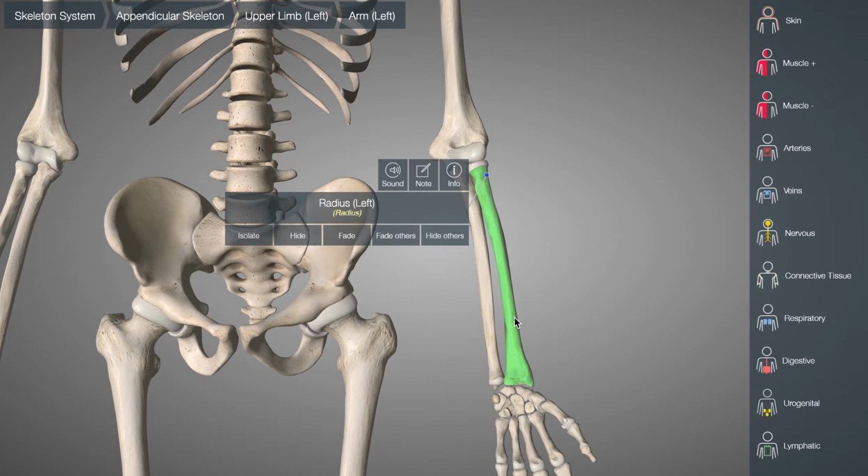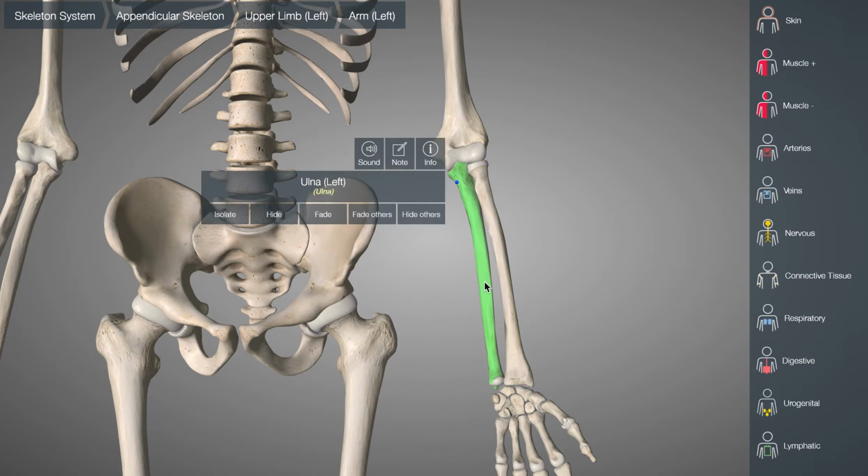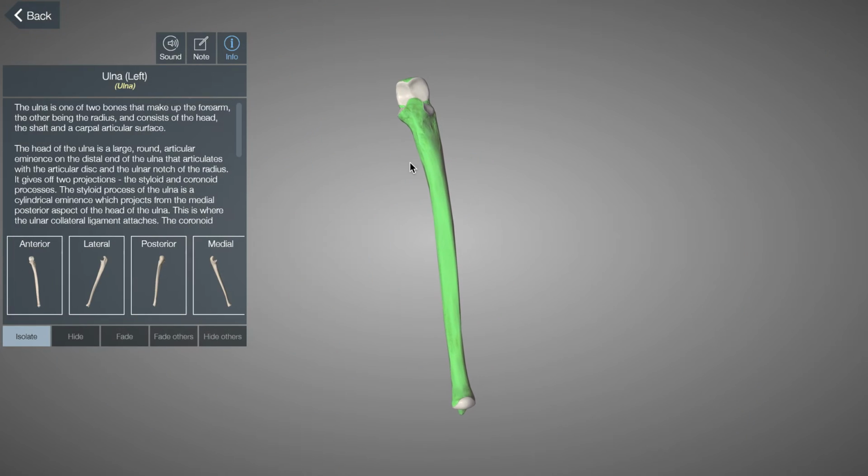TR is going to be the radius and the thumb, so always on the thumb side. And then you have the ulna right over here, so that's going to be up, ulna, pinky. And a few of the features, we'll start with the ulna. We have the coronoid process right over here.